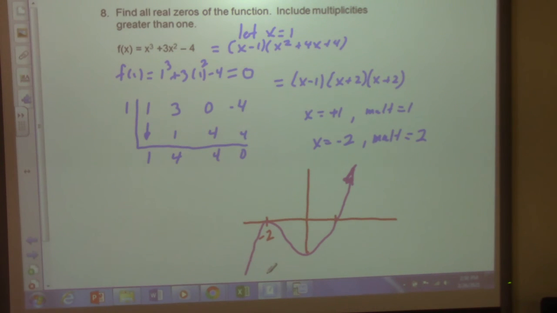And so some good questions today, some good exploration. I want you to look at number 9. And I'll choose somebody to help with number 9 in a brief moment.